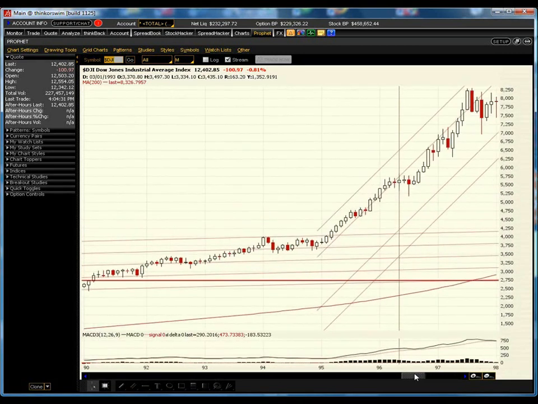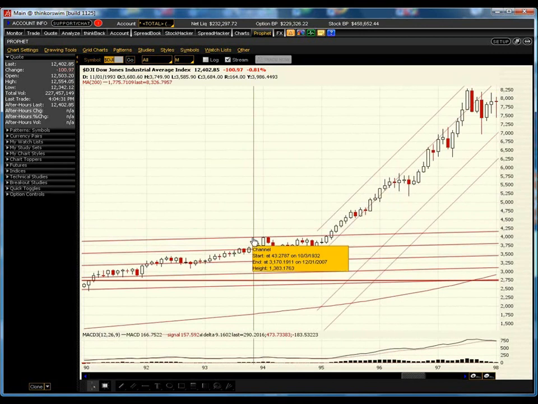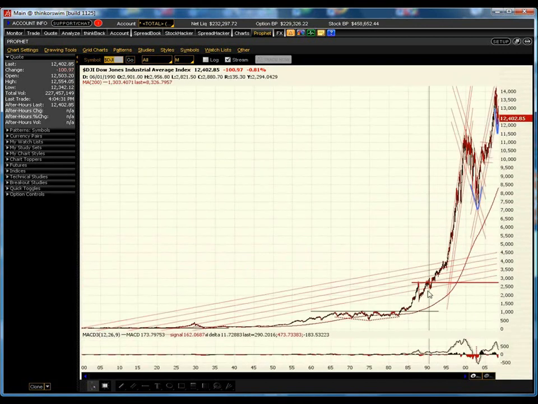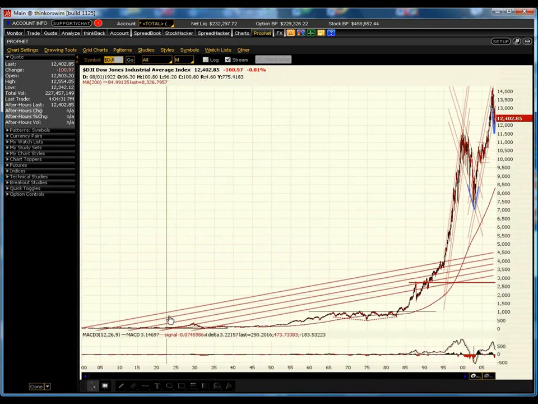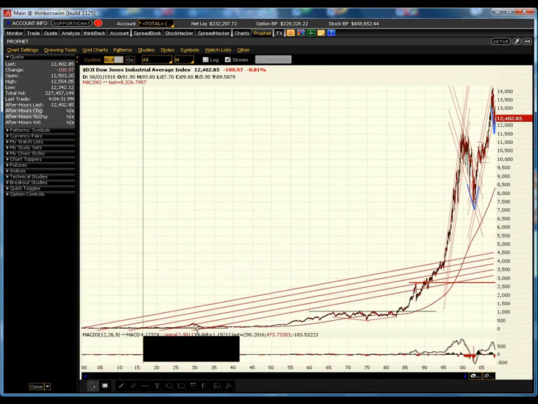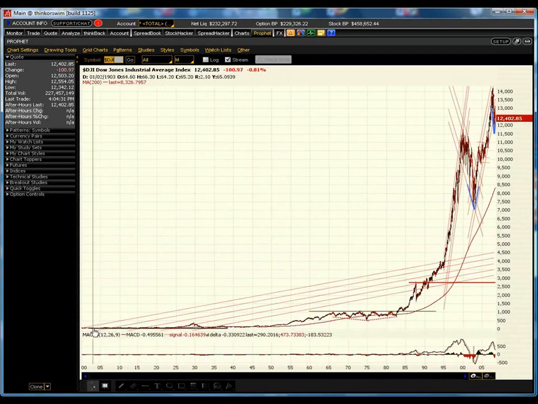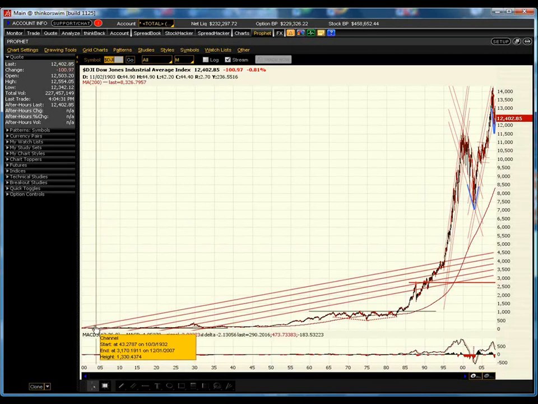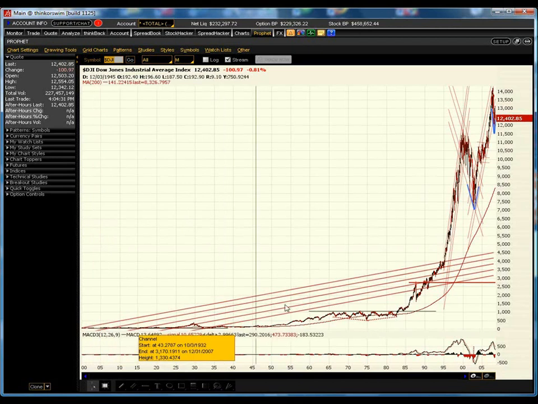Then what happened? Well, we were in an extremely long uptrend channel here for quite a number of years. I had traced this channel all the way back to 1905, or maybe even earlier, maybe the year 1900.